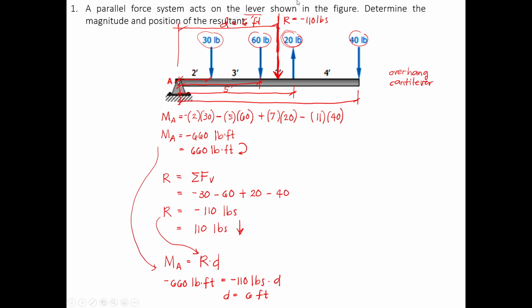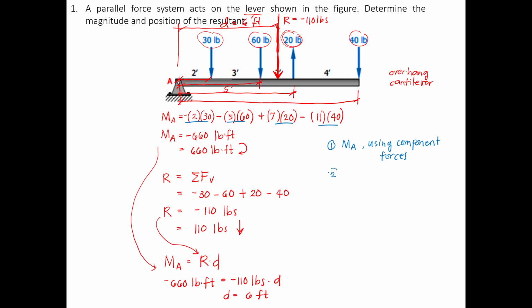So for us to summarize what we did in the problem, let's try to use another color. First, we took moment about A using the component forces, meaning the individual forces. That's why we have 4 different moments here.